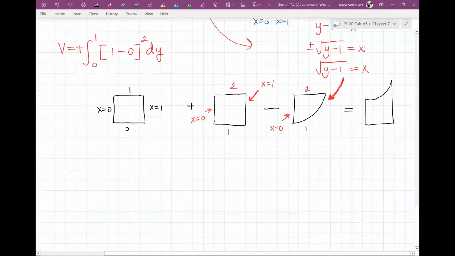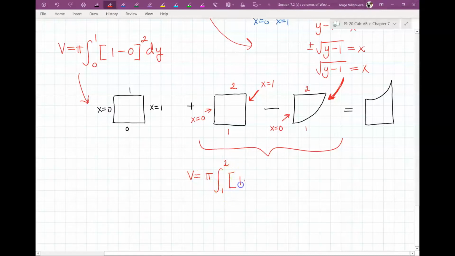Okay, so the disk, here's the formula for the disk. The washer, let's write that formula. Volume equals pi integral from 1 to 2 of 1 minus 0 squared dy minus pi integral from 1 to 2 of square root of y minus 1 minus 0 squared dy.